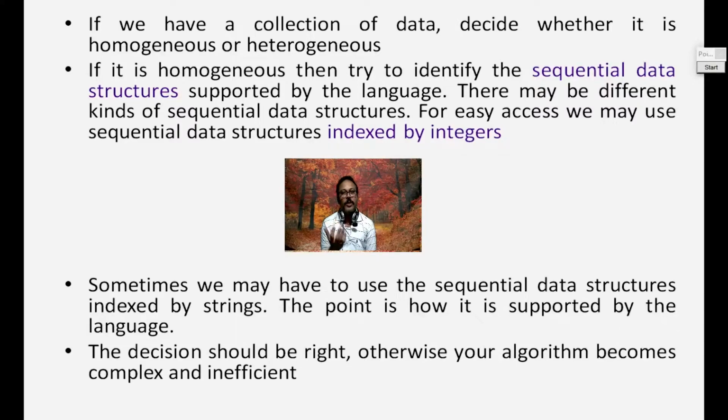Maybe you have to use strings. Indexing here means, if roll numbers are there in an array, you can use roll number of 0, roll number of 1, roll number of 2 to get the actual roll number.